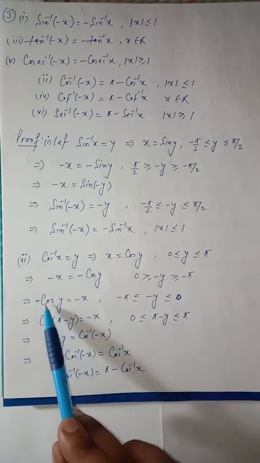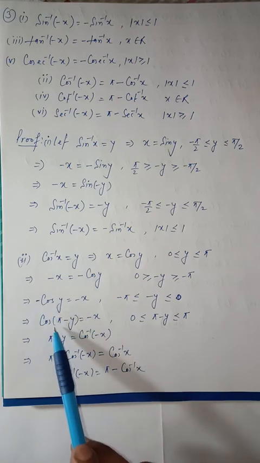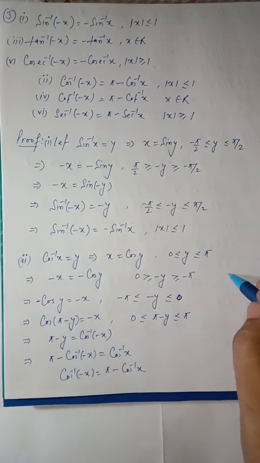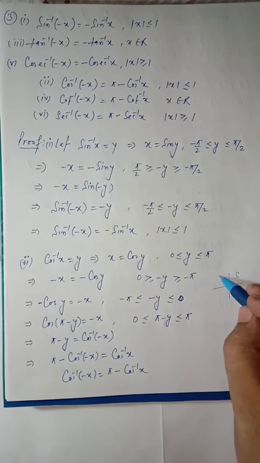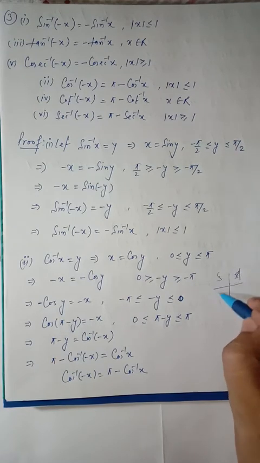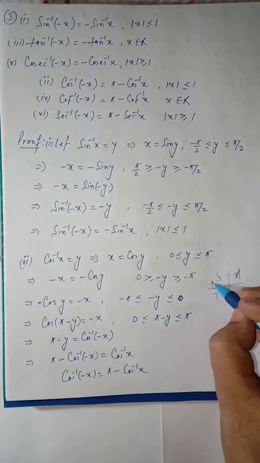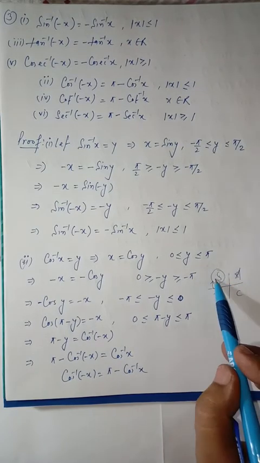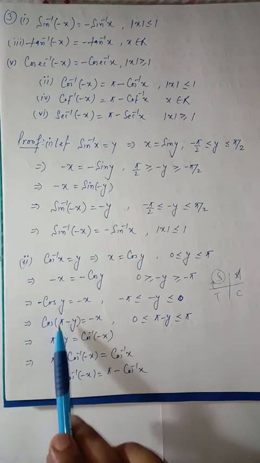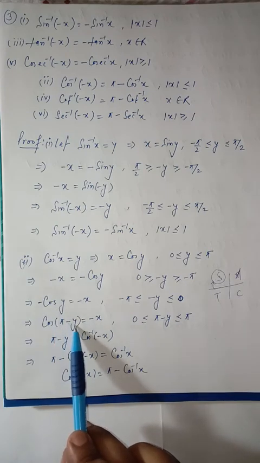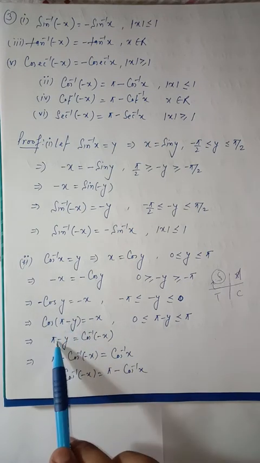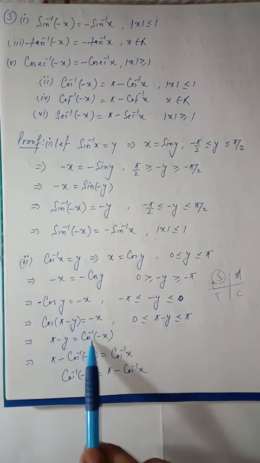So minus cos theta can be written as cos of 180 minus theta, because cos of 180 minus theta means, all sine tan cos, 180 minus theta is in the second quadrant, so obviously it will be negative. That's why I have written 180 minus y, and this pi minus y can be written as cos of minus x.